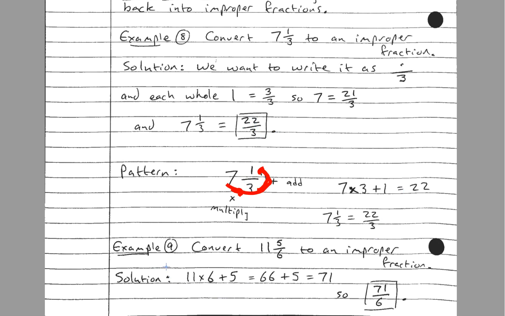Let's try one last one. Convert 11 5/6 into an improper fraction. First it's 11 times 6, and then add on that 5.